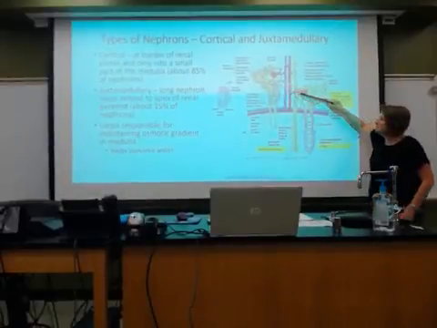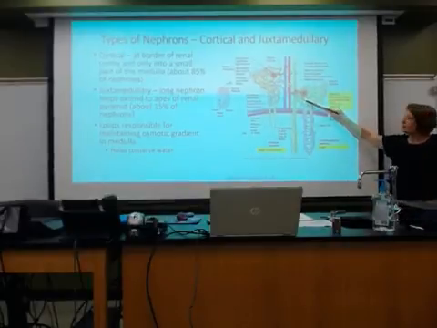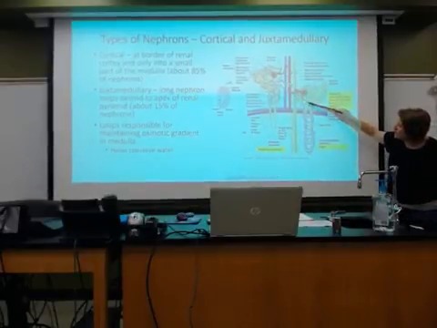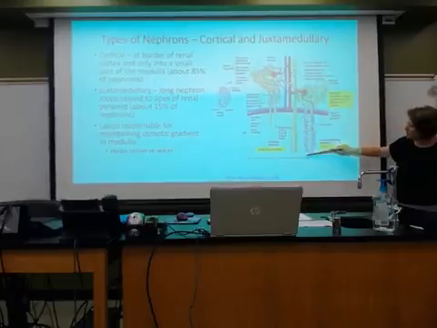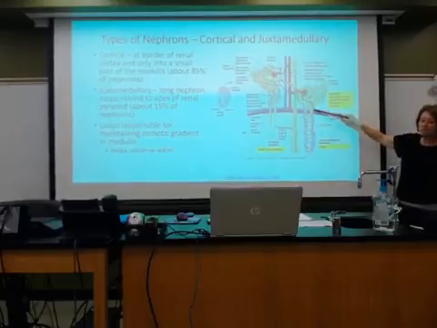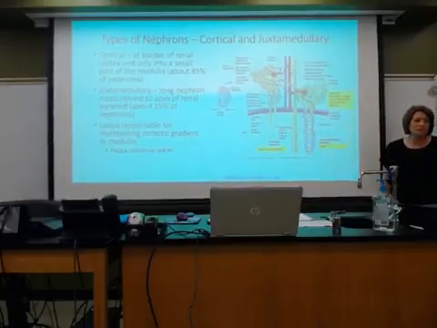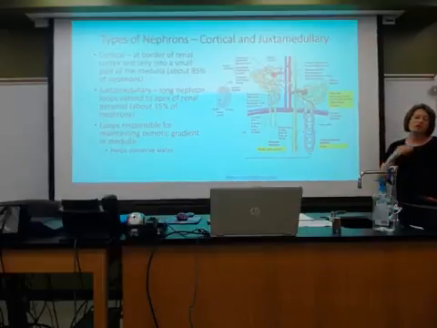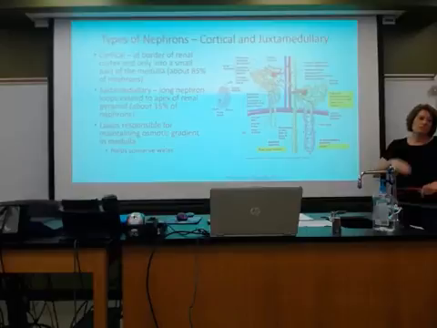Now, our juxtamedullary. Got a little bit in the cortex, but the majority dips down into the medulla. What do you note about some of the differences other than their length? The capillaries.